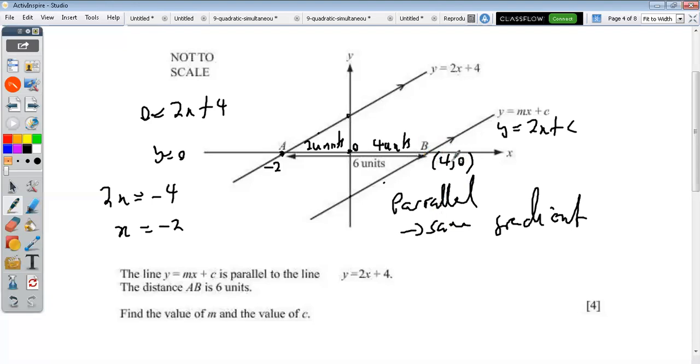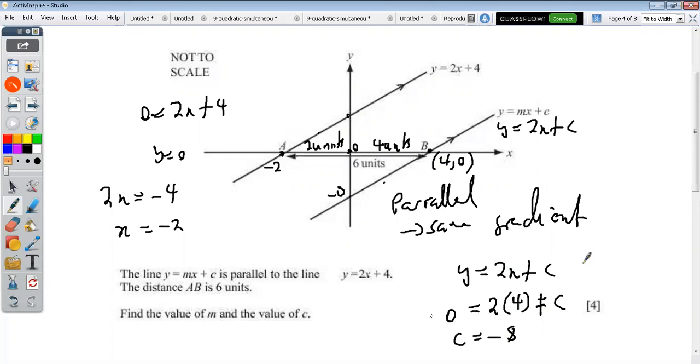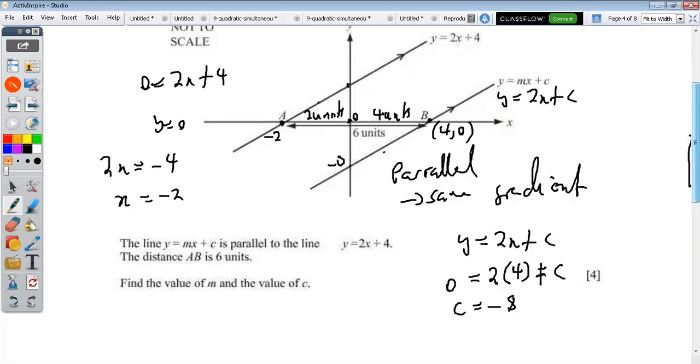So I can substitute into this equation to find what c is, because I now know one of the points along this line. This line is y is equal to 2x plus c. We are saying when x is 4, y is 0. So 0 is equal to 2 multiplied by 4 plus c. So c is equal to minus 8. Are we clear on how we found this? Yes, sir.